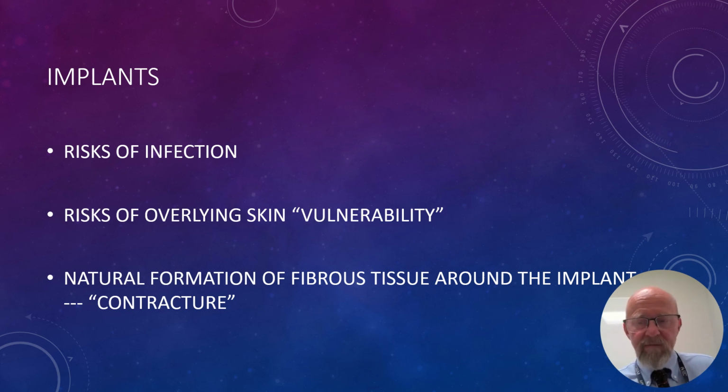And sometimes it's a modest amount, and sometimes it can be substantial. And that makes the so-called contracture around the implant. And everybody's normal tissues are going to respond differently to that foreign body. And so there might be a different amount of that fibrous tissue formed.